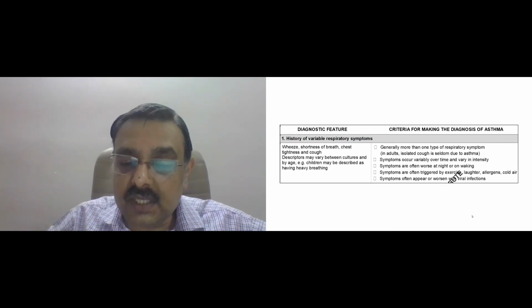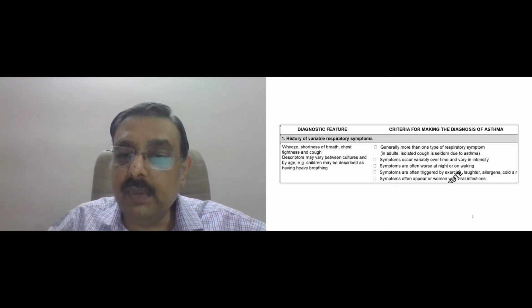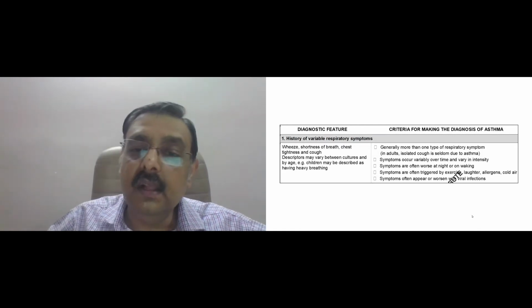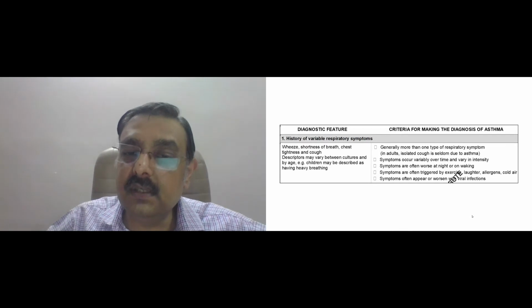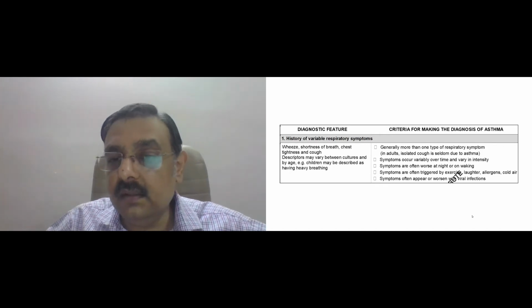So not just one type of symptom; the symptoms are more variable over time and they vary in intensity. So the child might be symptomatic in a few months of the year, and in a few months of the year the child is fine. The child might be better in 2022, the child was worse in 2021. There's a variability over time, and year to year as well.